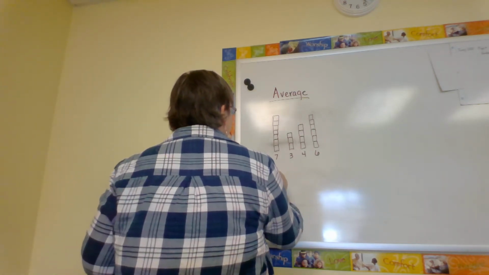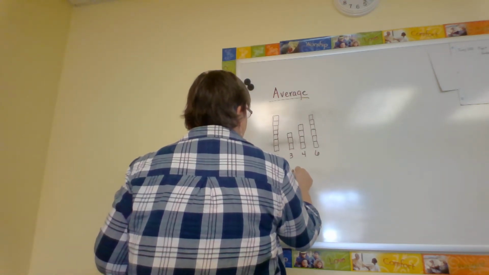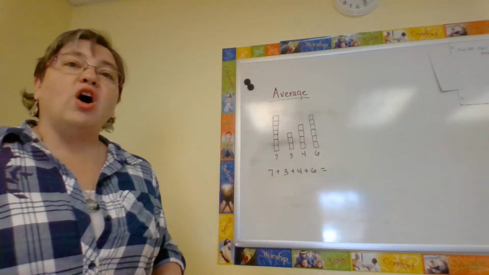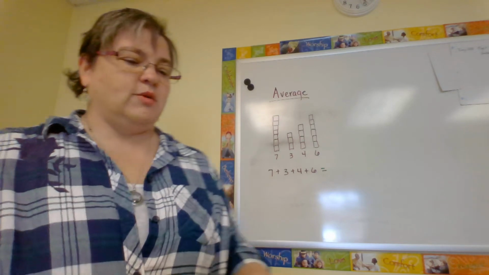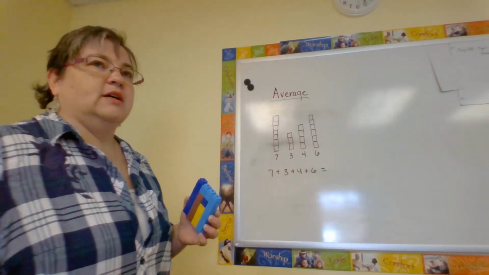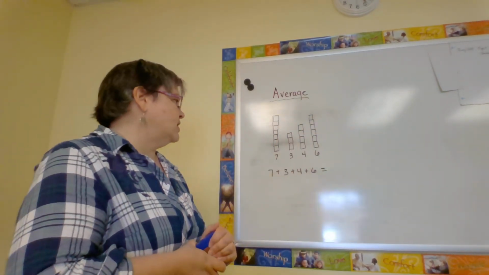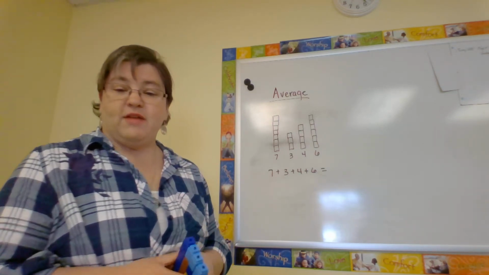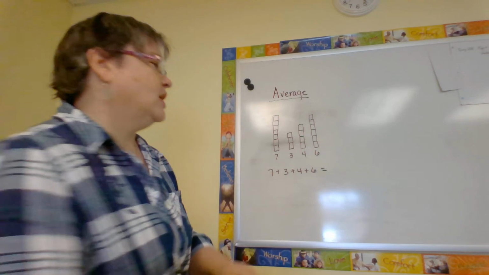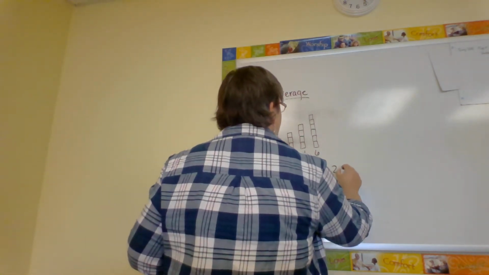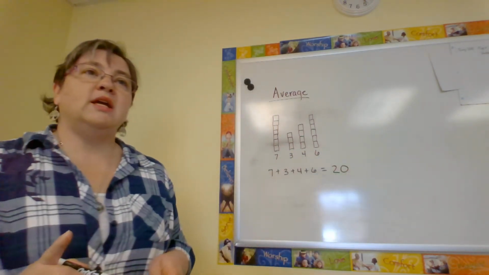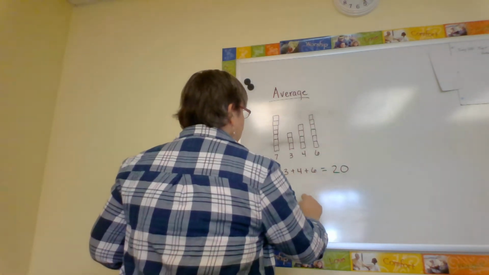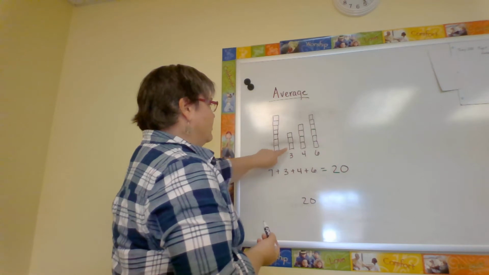If I add 7 plus 3 plus 4 plus 6, how many blocks do I have altogether? Raise your hand when you have the answer. 20. That's correct. Now, when we divide 20, how many stacks do we have? 4.